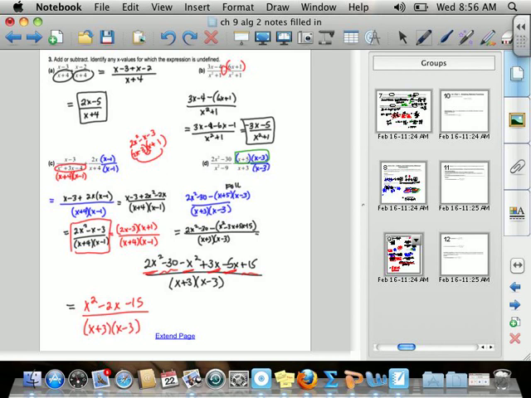Remember I said you do want to check to see if that top factors and if they have any common factors. So when you factor the top, you'd have x minus 5 times x plus 3. See how those numbers multiply to be negative 15, and the outer and inner combine to be negative 2x. Over x plus 3 times x minus 3. So the x plus 3's do cancel, so you have x minus 5 over x minus 3, and that's your answer.